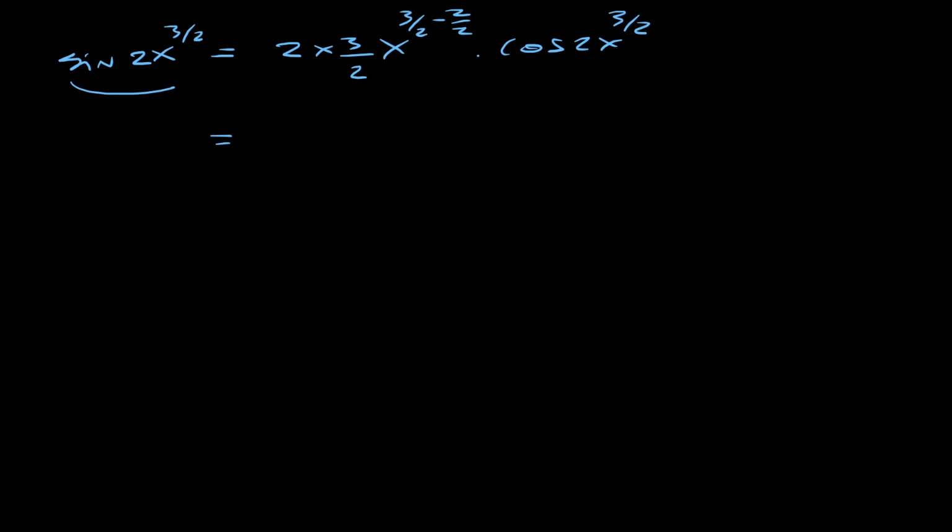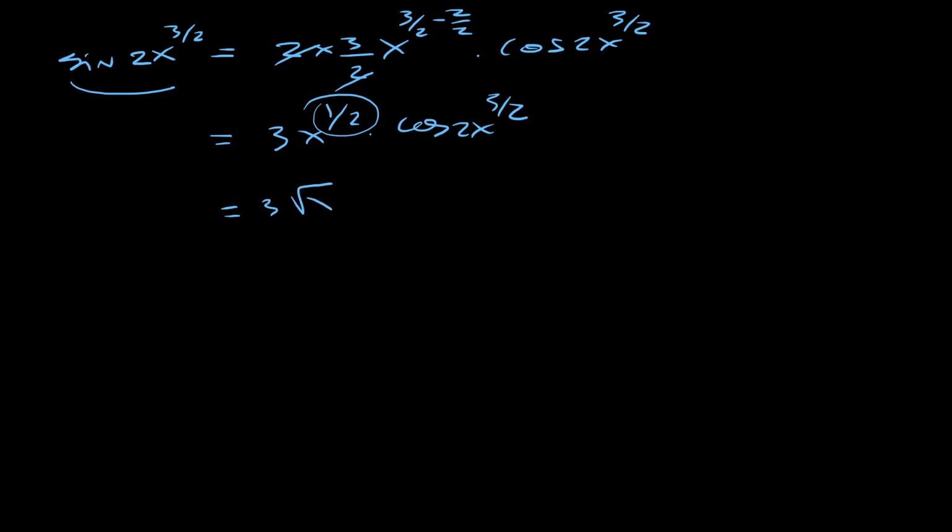So you can even further simplify this a bit. You take these two ones because they cancel each other out. You have 3x, and then it's 3/2 minus 2 divided by 2, it's 1/2, times cosine of 2x to the 3 divided by 2. And as we know, 1/2, this is the same thing as square root.